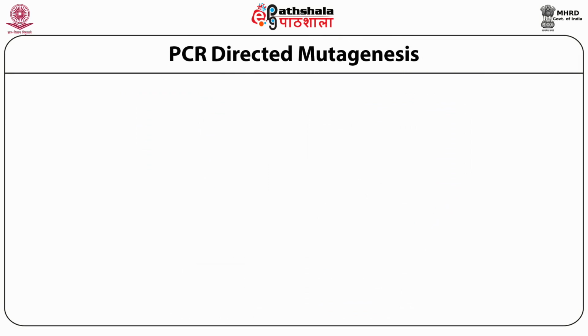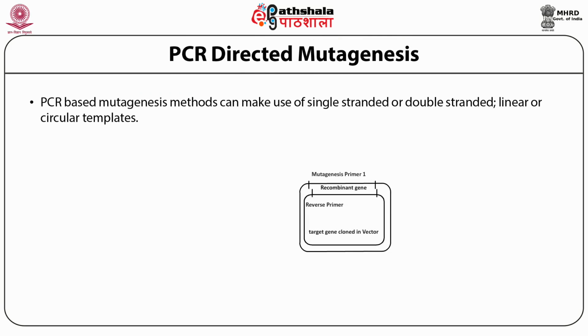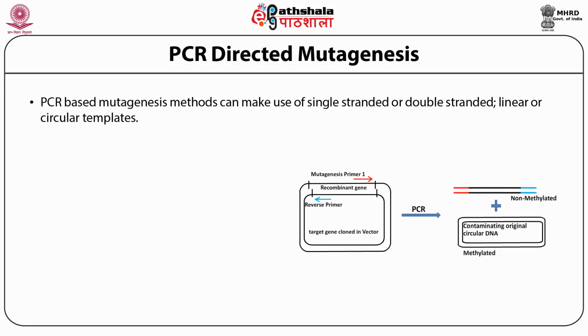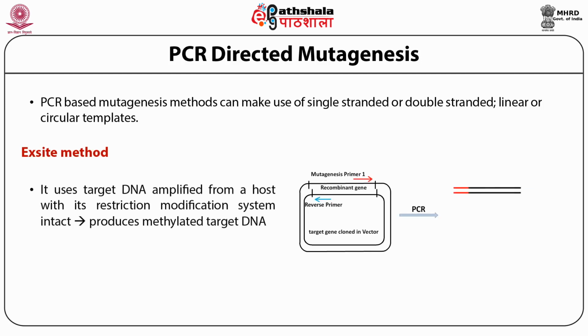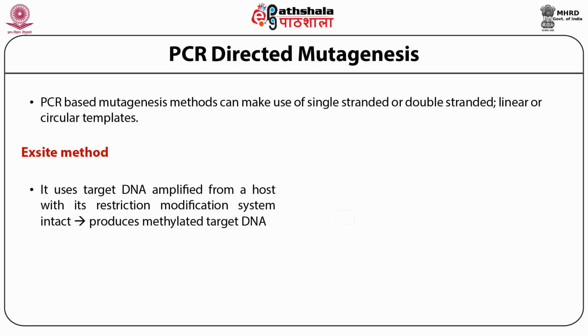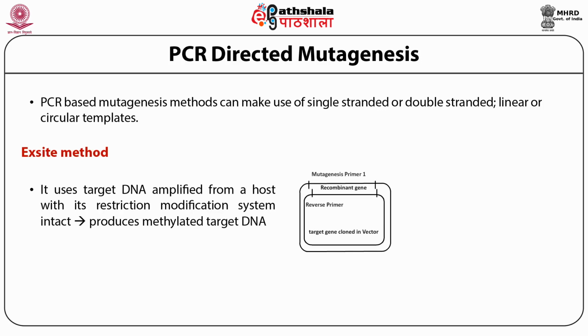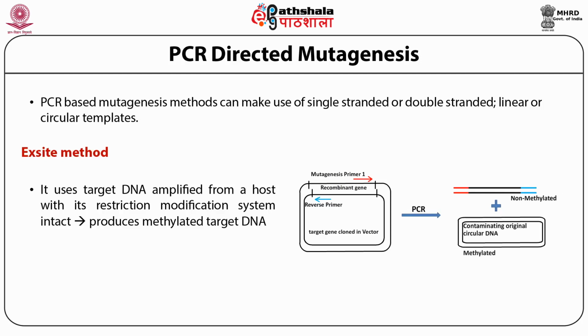Let us look at another type of mutagenesis method, which is PCR based. Now we are going to employ PCR in this, and the method we are going to discuss is the ExSite method. The very basic difference here is that the target DNA which is going to be subjected to mutagenesis has to be generated in a host which has its restriction modification system intact, which means it would produce DNA molecules which will be methylated.